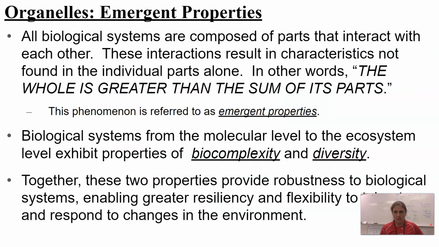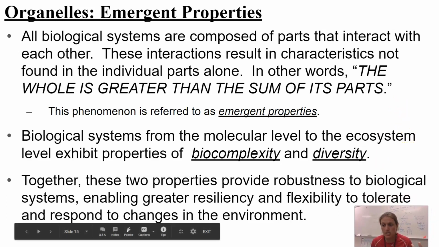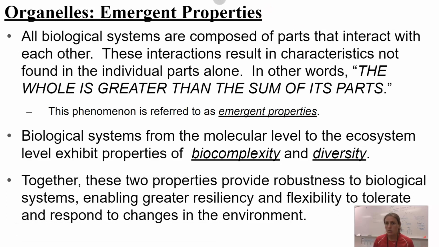Okay, first off, this little phrase here: the whole is greater than the sum of its parts. This is a crazy concept in biology. We've got all of these parts, and they are compartmentalized and can all function their own way.